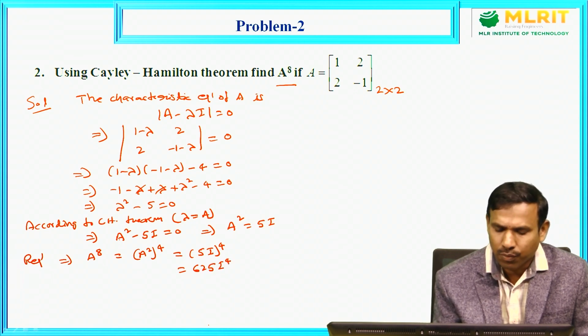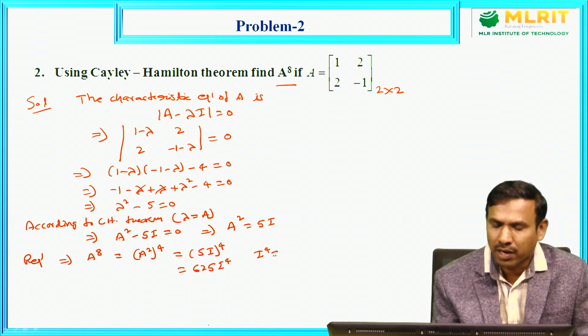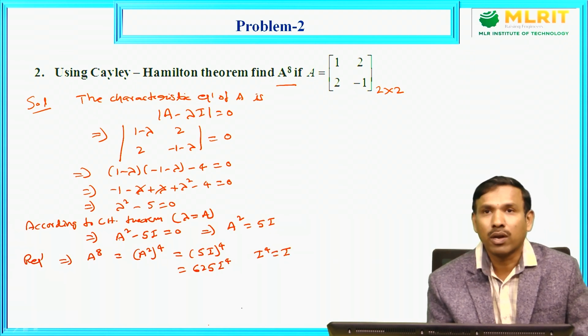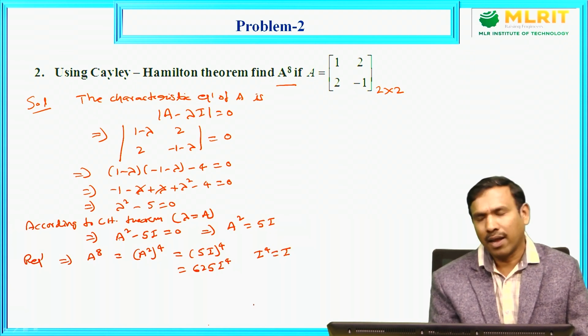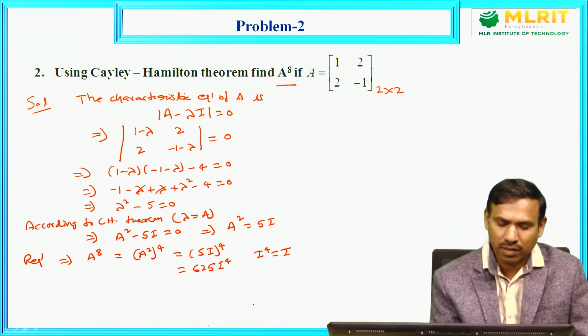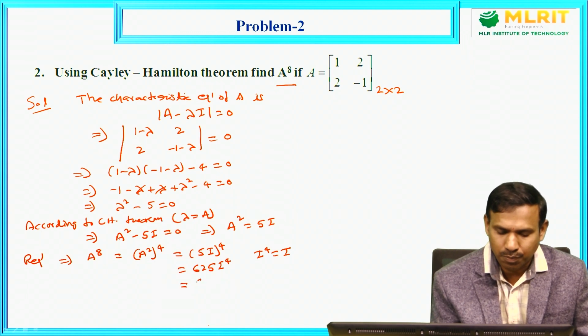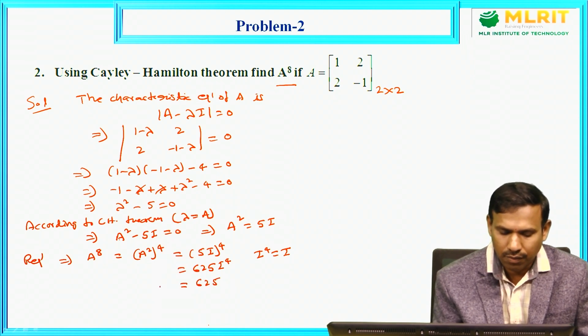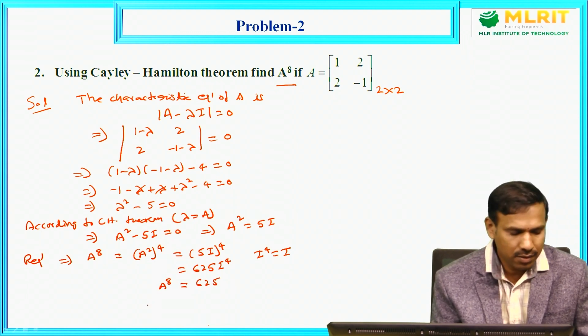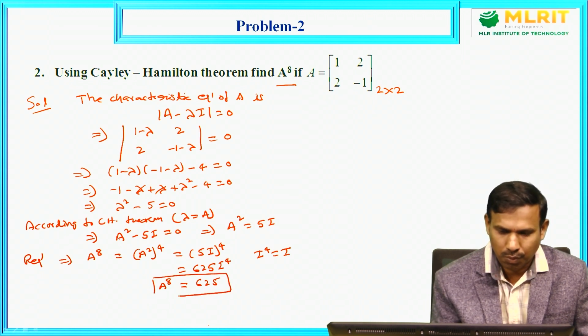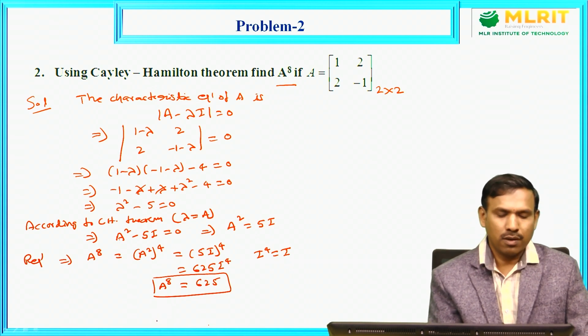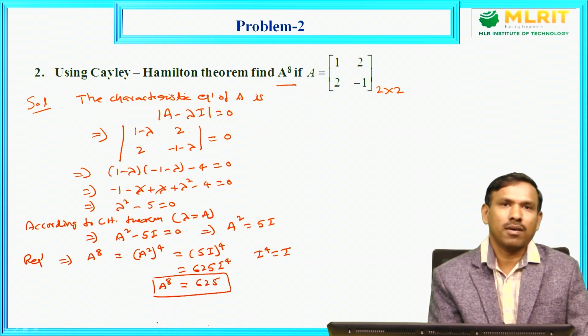What is I power 4? I is the identity matrix, however many times you multiply it you get I only. So A power 8 is 625 I.